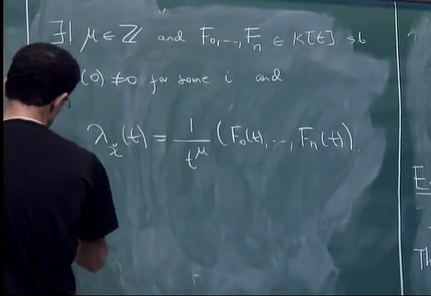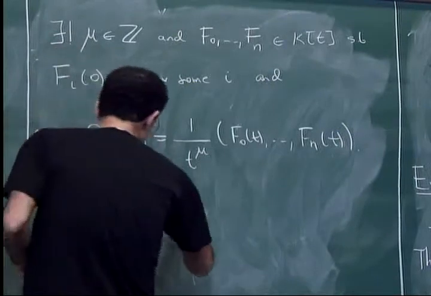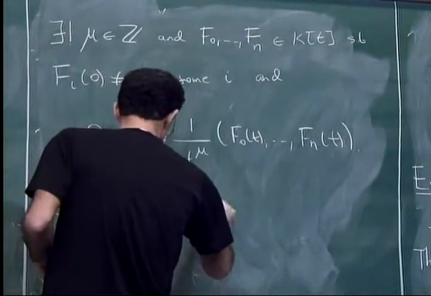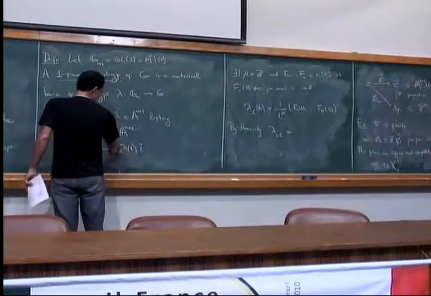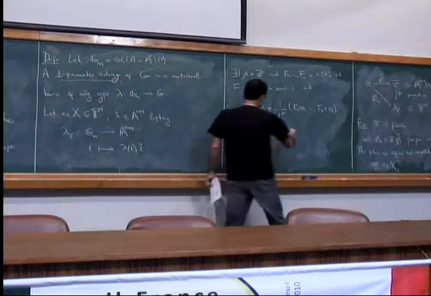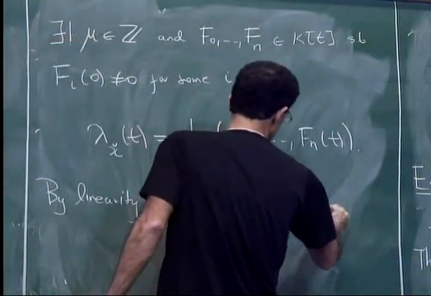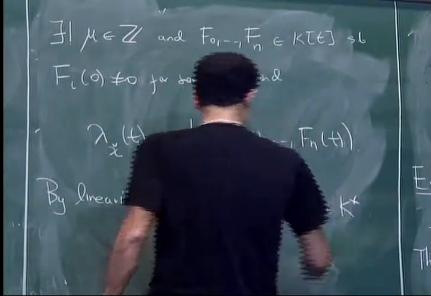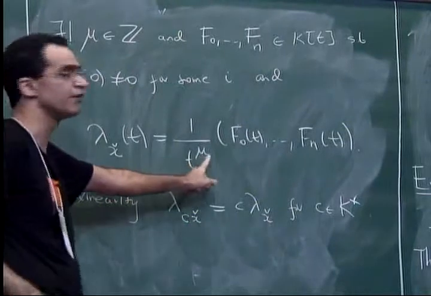Just notice that by linearity, if I pick a different representative, I'll be acting on c times x check, but this is linear, so I can drop c to the outside. This is the same for c non-zero, and it's a constant, so it doesn't change the value of mu.